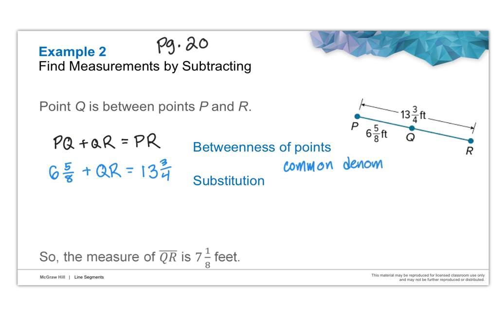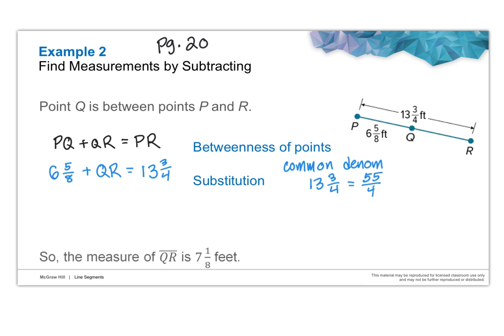And so our 13 3/4, if we change that to a fraction with just one numerator and one denominator, reminder that what we do there is take the denominator and multiply it by the full whole number of units. So 4 times 13 is 52. And if we add the 3 to it, we end up with 55/4.